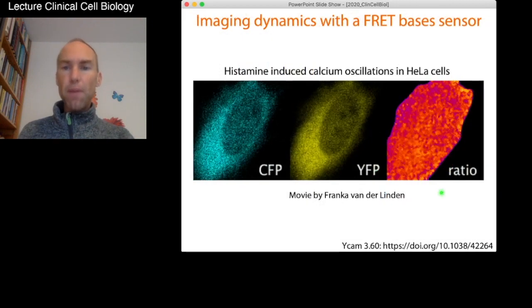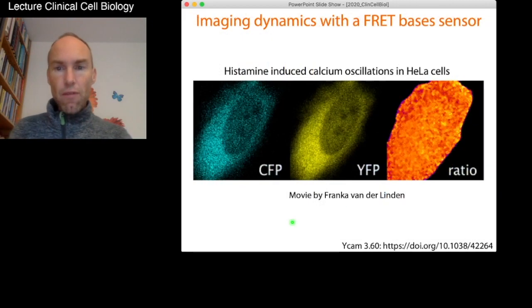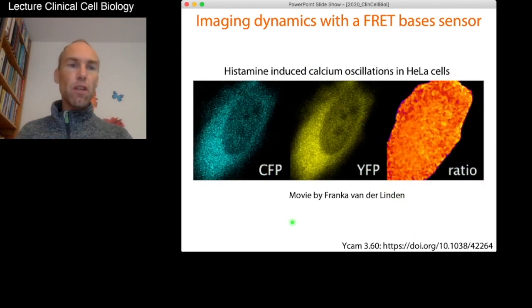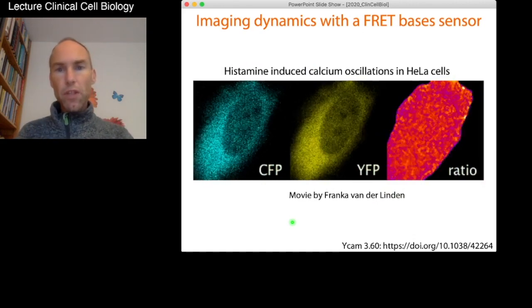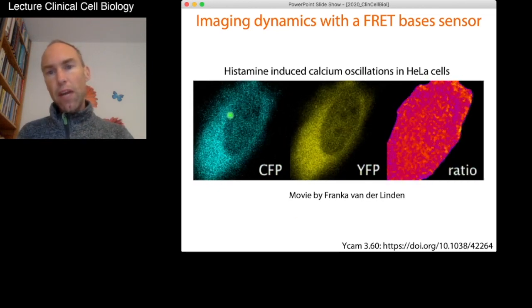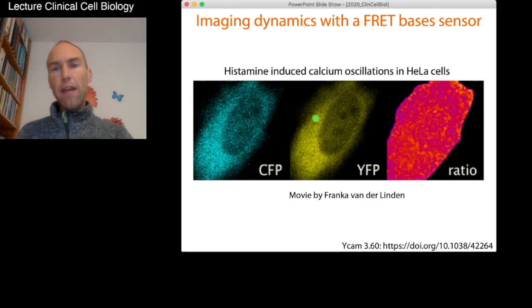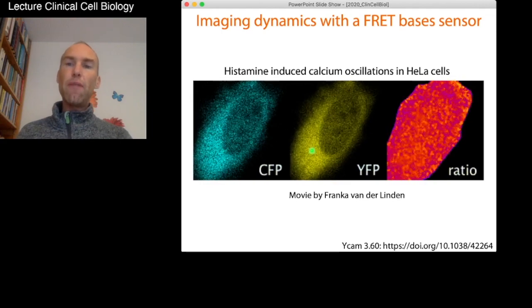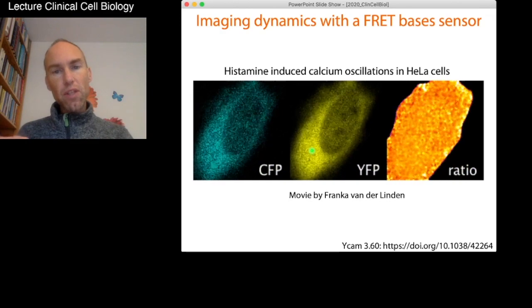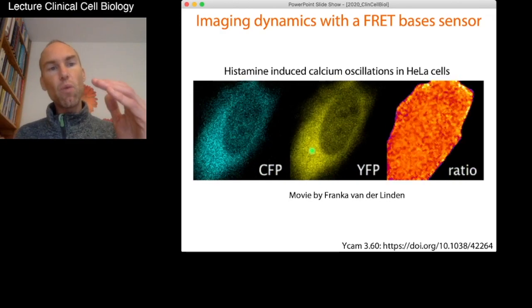This is an example of such a FRET experiment over time. In this case, it's another probe that responds to calcium. Here we have the cyan signal, here we have the yellow signal, and in this case, when calcium levels rise, we get an increase in FRET, which means a decrease in CFP and an increase in YFP.